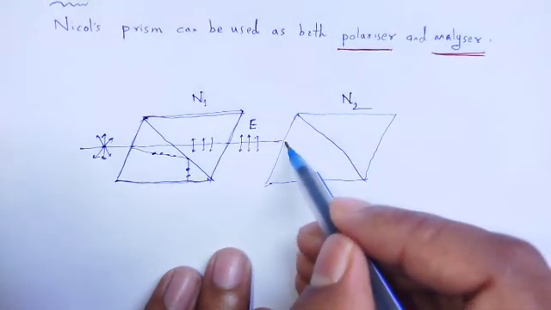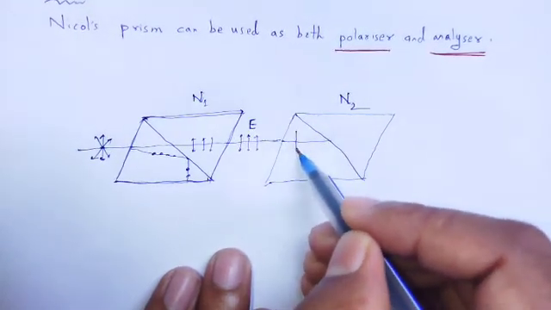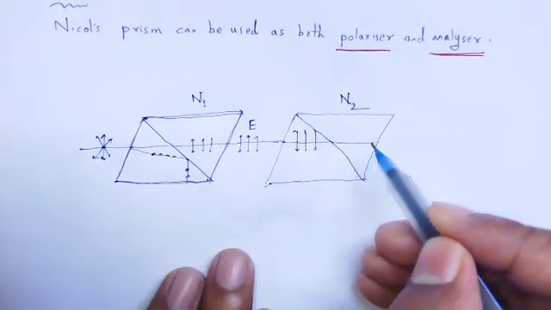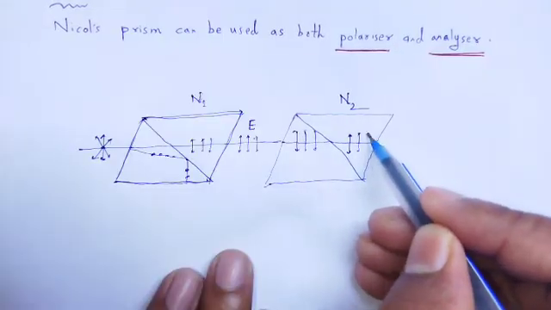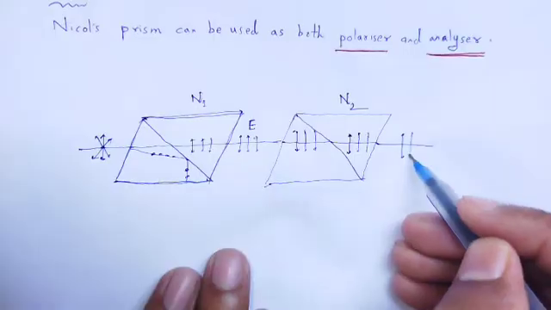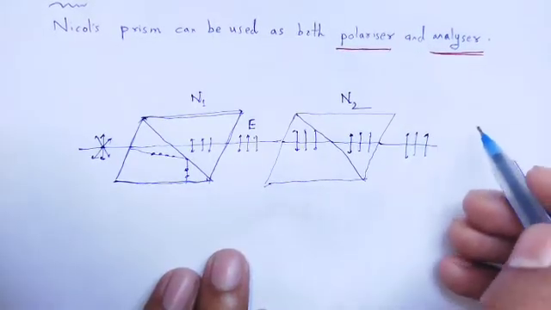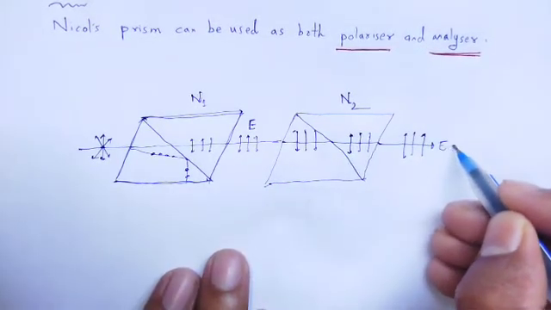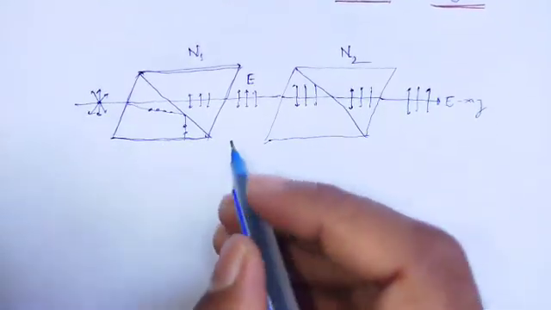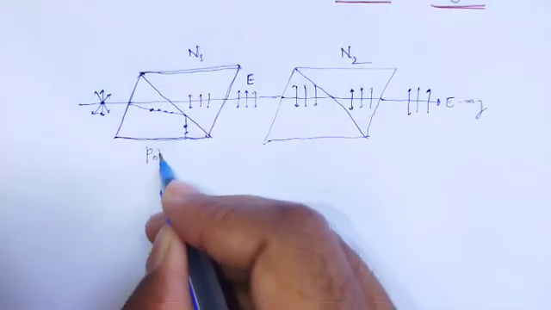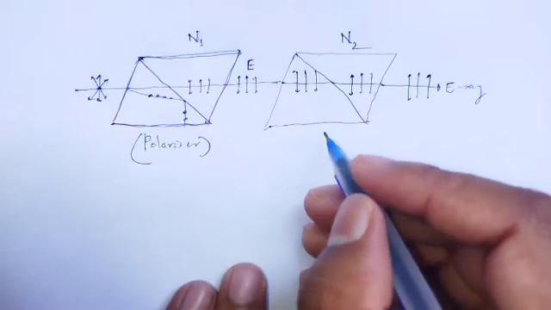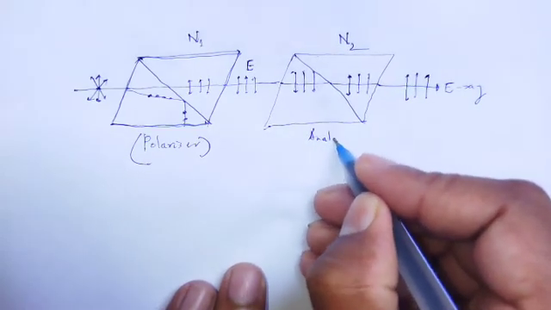So it is obvious that the E ray passes through that Nicol prism and finally we obtain the polarized E ray. So this is the polarizer, and that one is the analyzer.